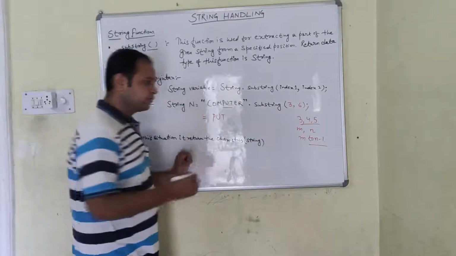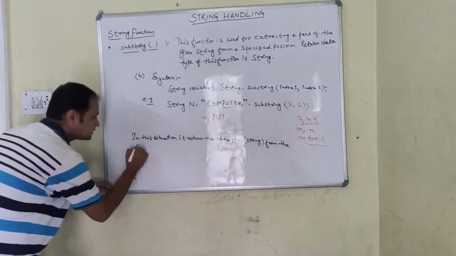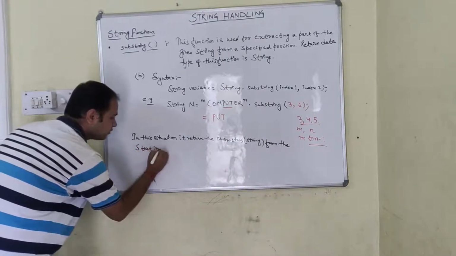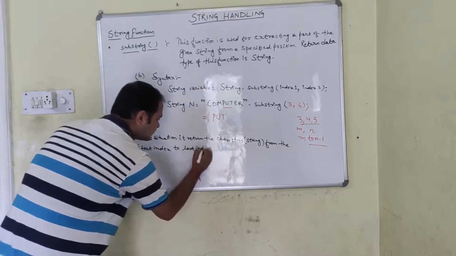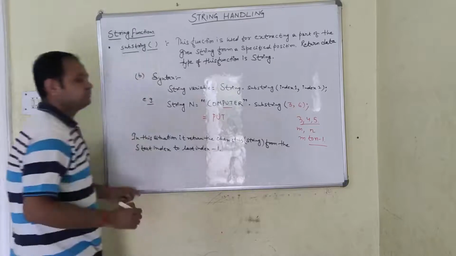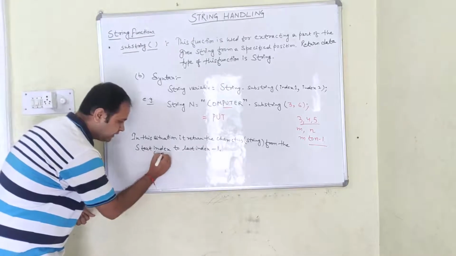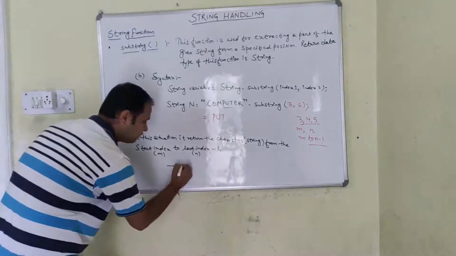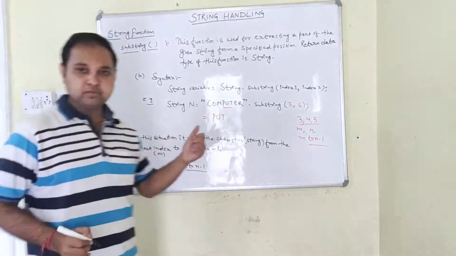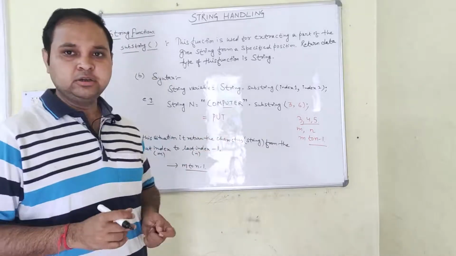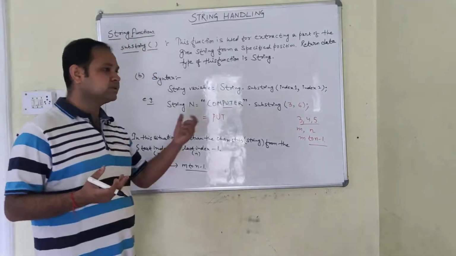It will return the characters from the start index to the last index minus 1. If I take the start as m and the end as n, then the extraction will be from m to n minus 1. Very important function, keep it in mind. We use it in most programs for extracting words or for counting the number of words. So in word-related programs we use the substring function.